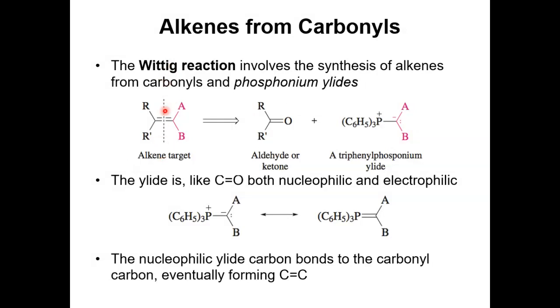Basically, we can cut the C=C double bond and treat the left side as coming from a carbonyl compound, and the right side from the ylide. Or you can do it the other way as well. You can say the right side two groups are from the carbonyl, and the left side two groups are from the ylide.